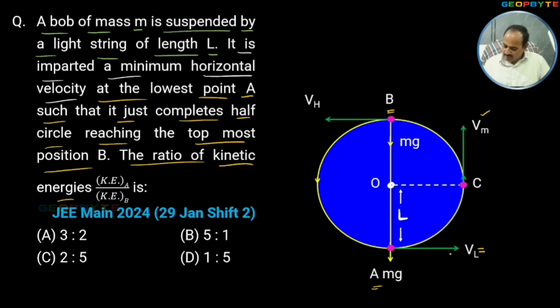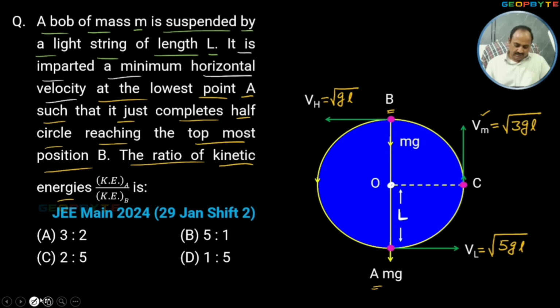You know, the velocity in the circular path at the bottommost point is root 5gL. At the uppermost point it is root gL. At the midpoint of the semicircle it is root 3gL. Try to remember those values.